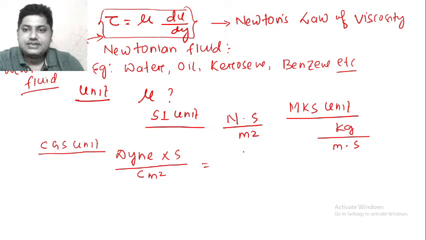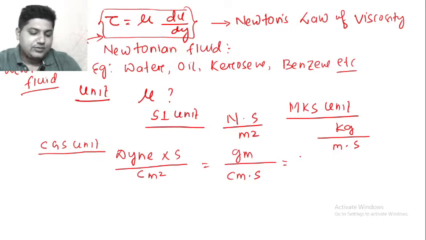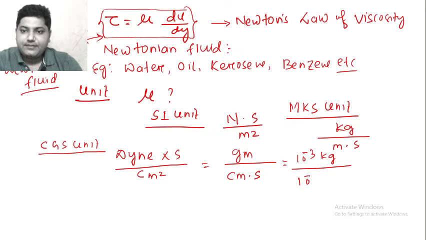If you write the CGS unit, that is gram per centimeter second. So 1 gram we can also write as 10 to the power minus 3 kg divided by 10 to the power minus 2 meter into second. So this kg per meter second is also equal to Newton second per meter square.